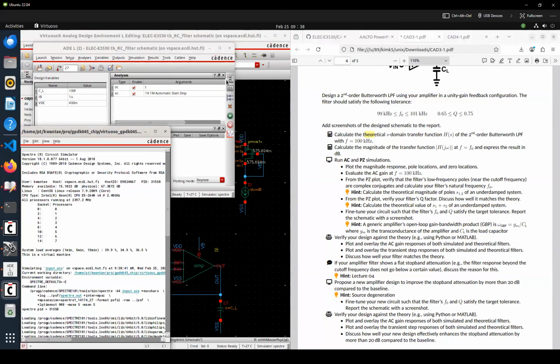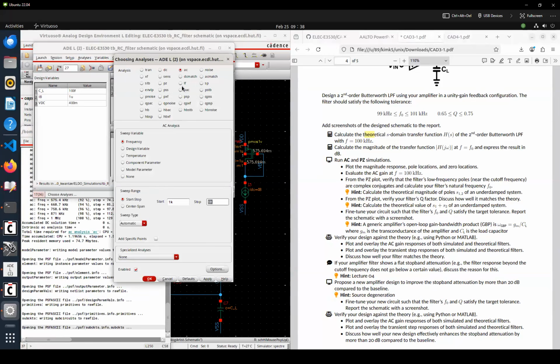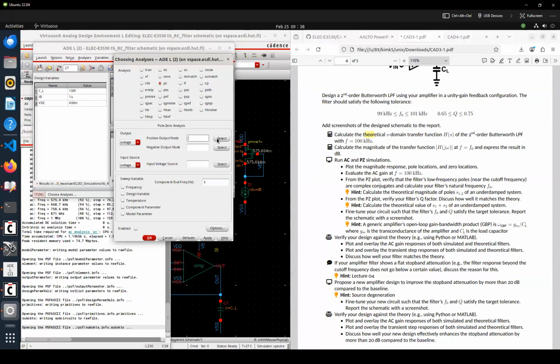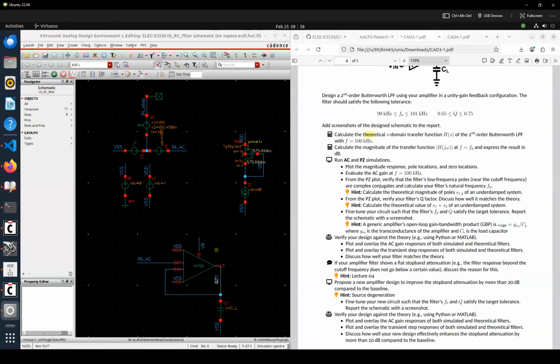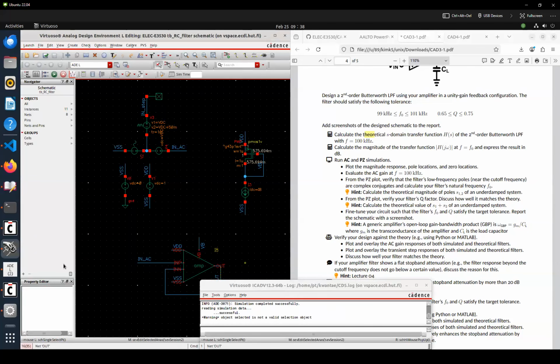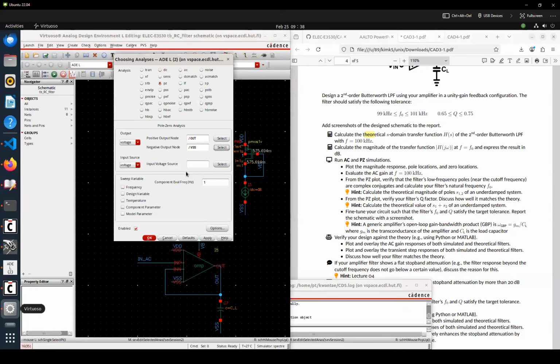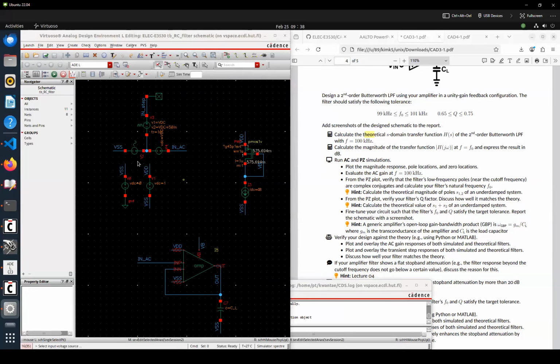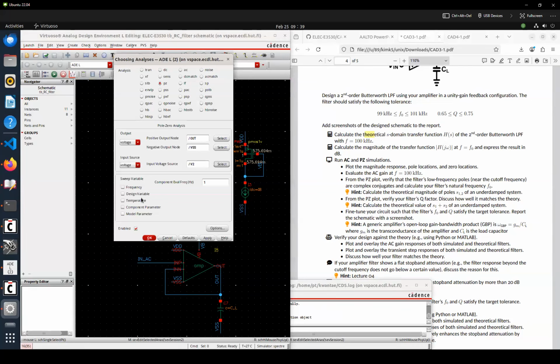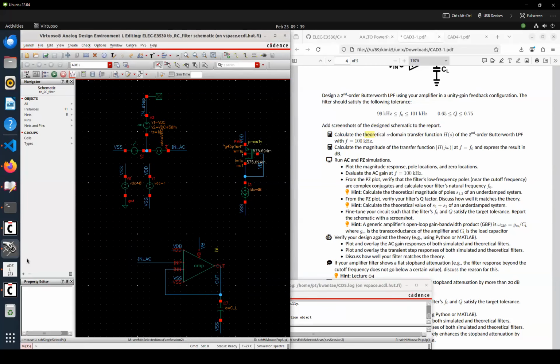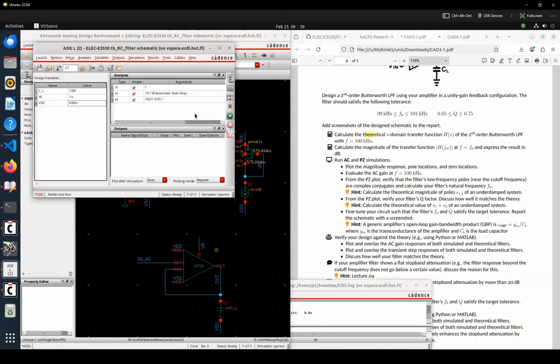Plot the magnitude and PZ. Let's set up PZ: positive output, V out, negative VSS. And the input source should be this one, the AC source. Other things you don't need to worry about. Let's run it.